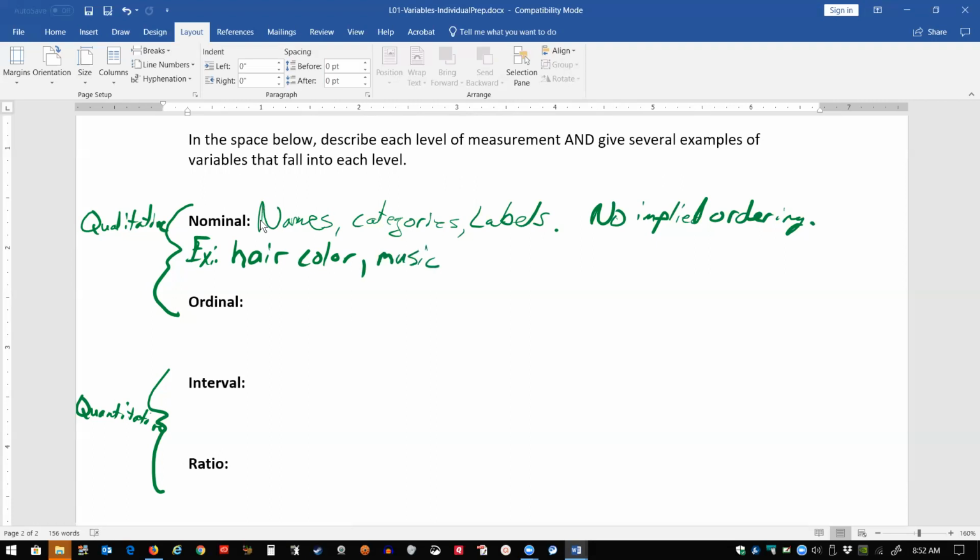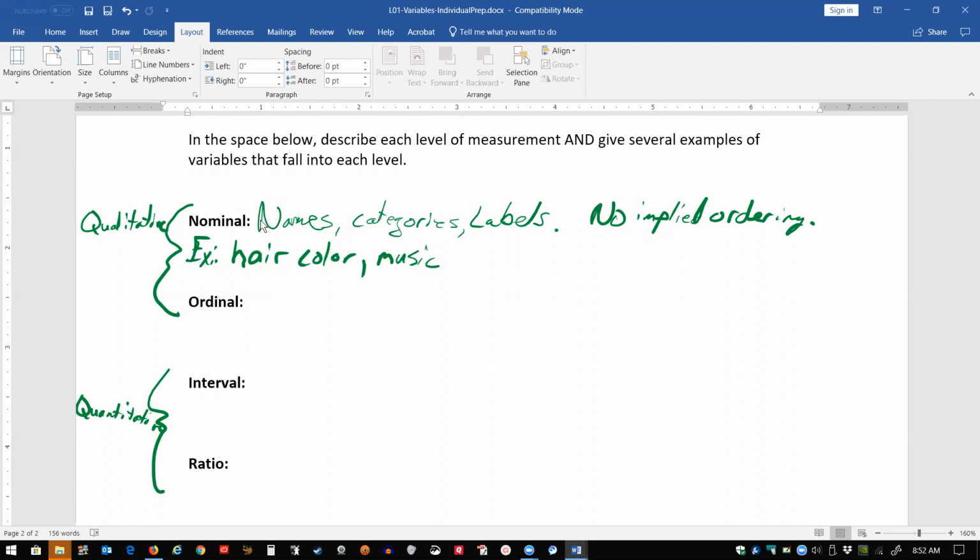It doesn't make sense to order them a specific way either. For example, if I had the hair colors blonde, brown, and black, there's not necessarily a logical order of best to least or least to best, because that will vary between individuals.